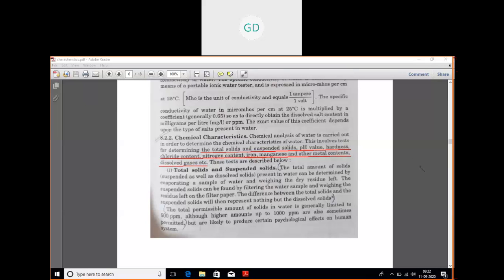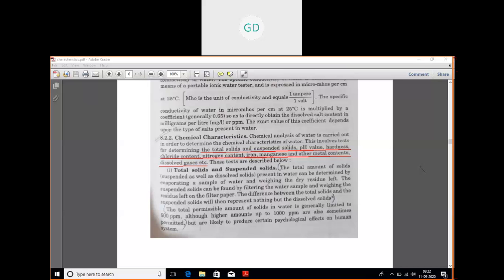So first one is your total solids and suspended solids. Basically, under total solids, two kinds of solids are present. One is suspended solids, and the other one is dissolved solids.